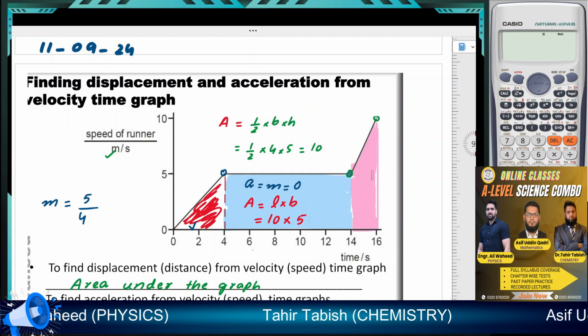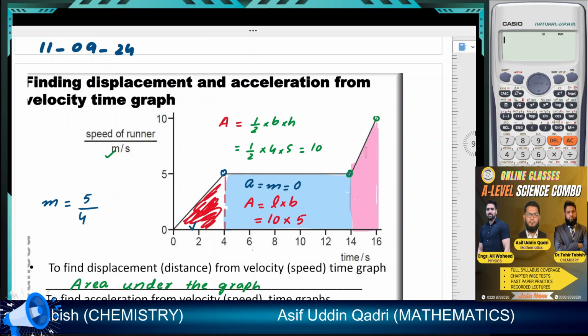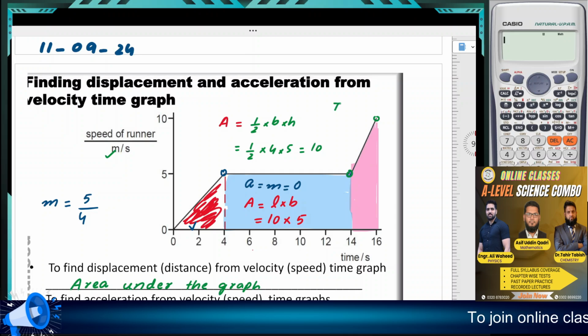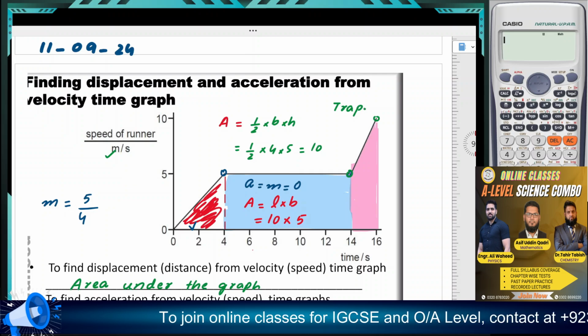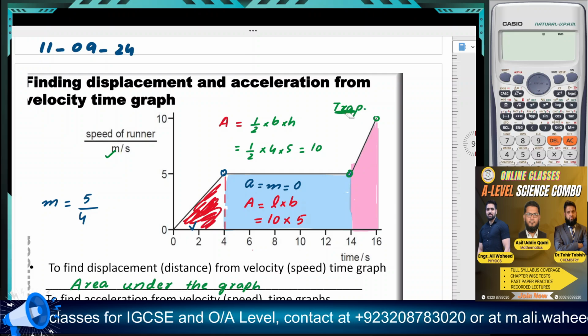Now, the pink one. What shape is that? Do you know the name of this shape? That shape is called a trapezium. We can find the area of the trapezium as well.